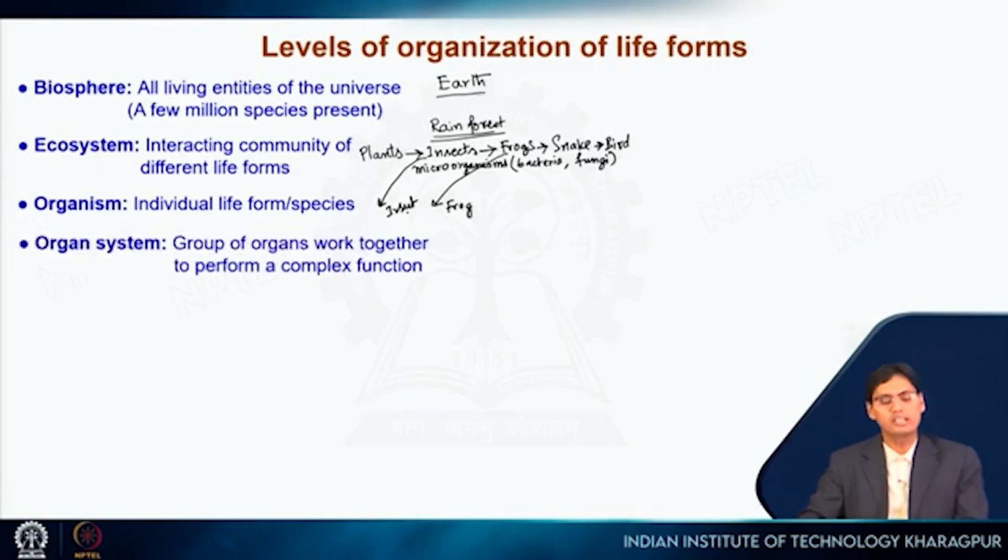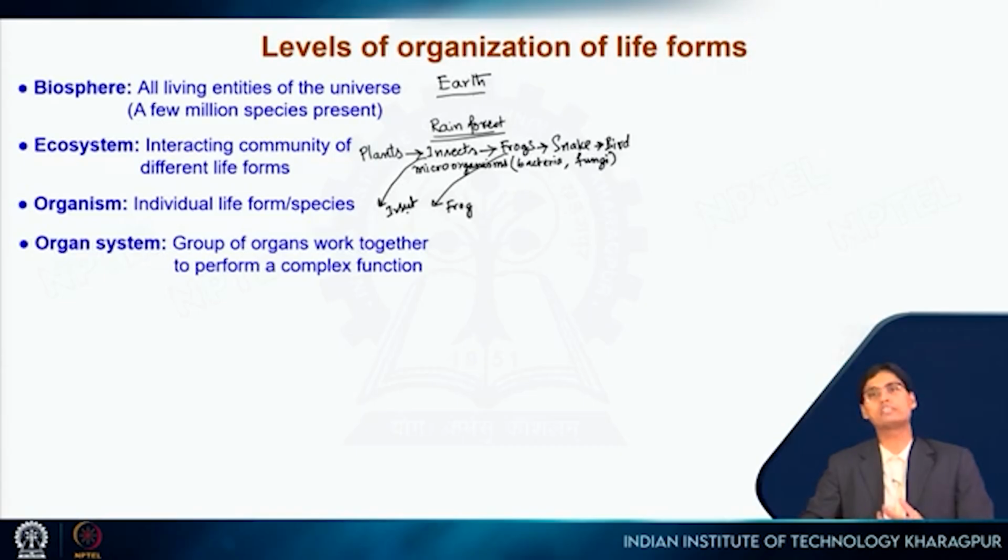And now if we go to the next level, then organ system. A group of organs working together to perform a complex function is called an organ system. In the human body, there are different organ systems present. Our digestive system is an organ system, because many organs work together to do a particular type of job.